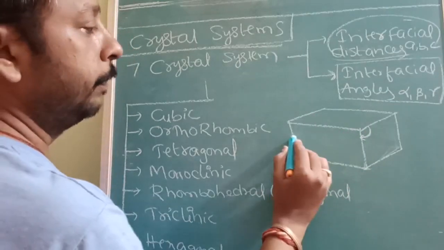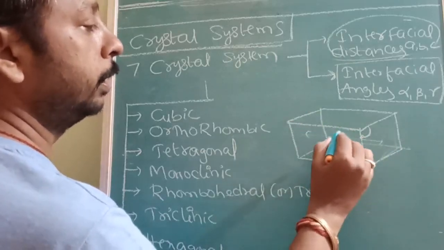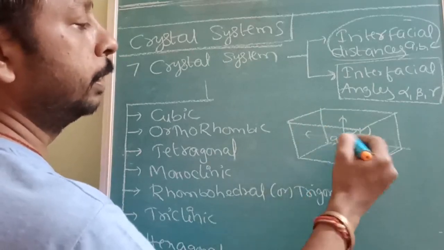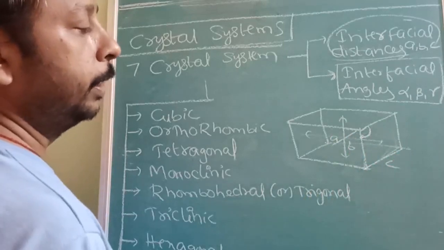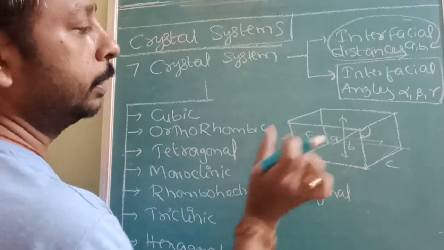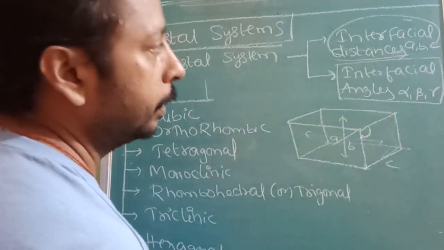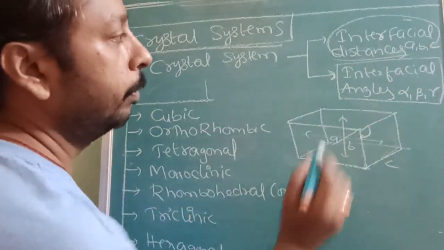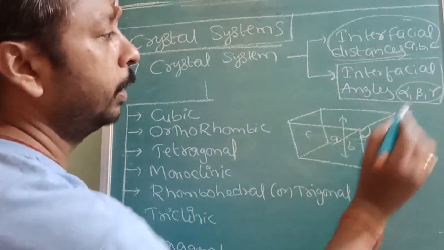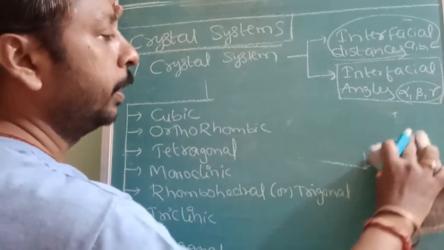Between these two planes, let us take A; between these two, B; between these two, C. Length is A, height is B, and width is C. Likewise, there will be a total of 3 interfacial distances and 3 interfacial angles. Interfacial angles will be alpha, beta, gamma, and interfacial distances will be A, B, C.